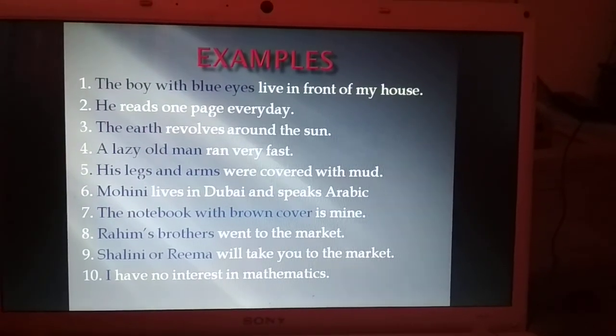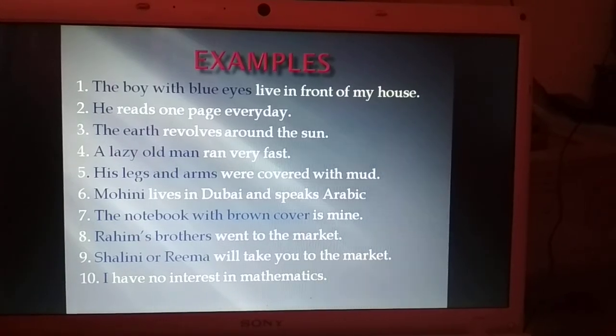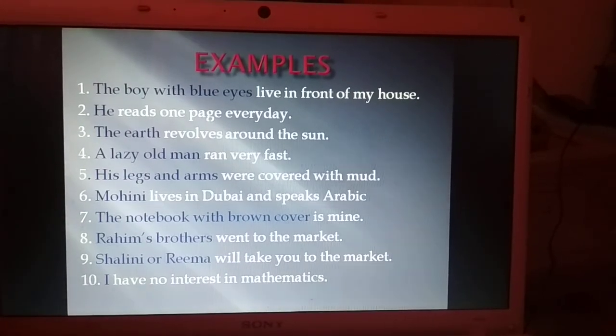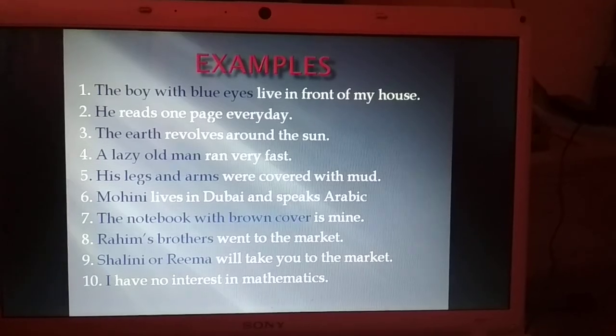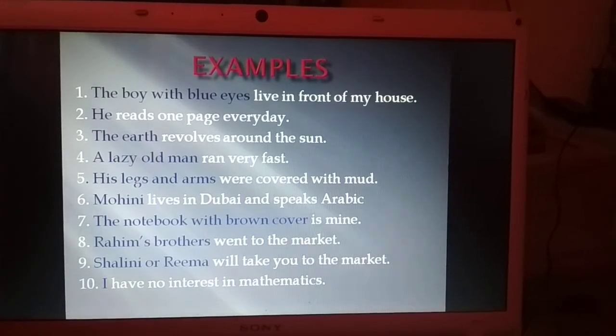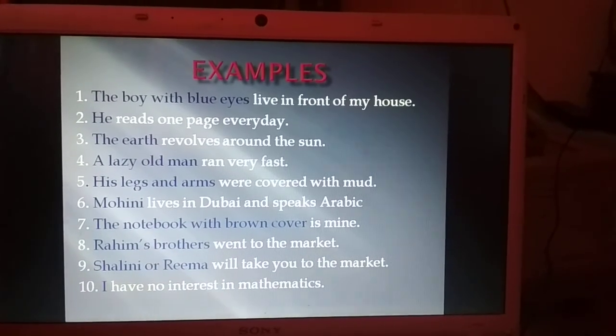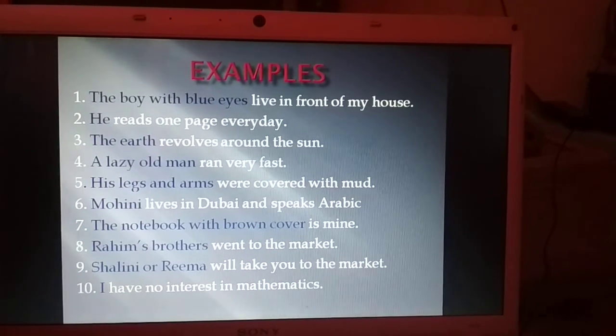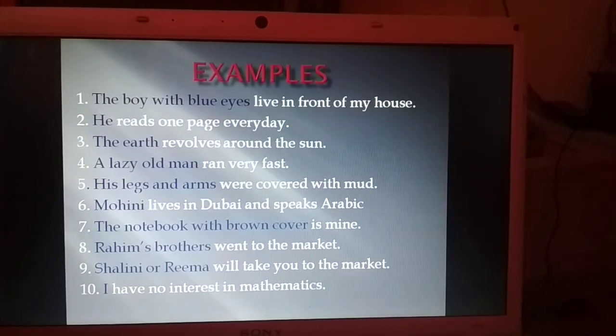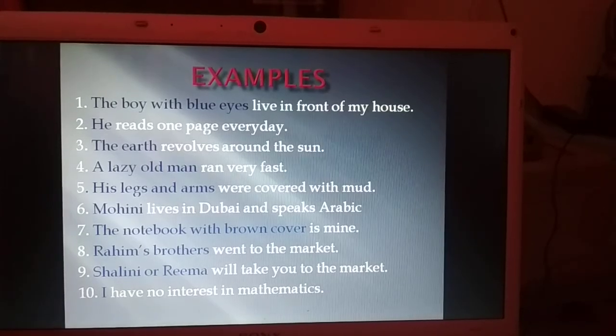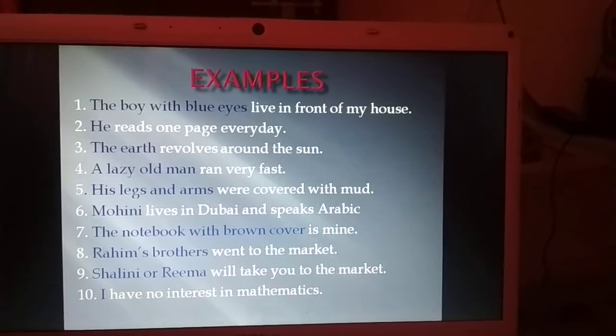His legs and arms were covered with mud. In this sentence, we are talking about his legs as well as his arms. So we are talking about legs and arms. So this is our subject. And the rest part of the sentence is the predicate.